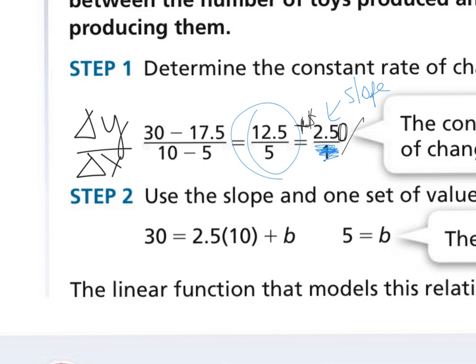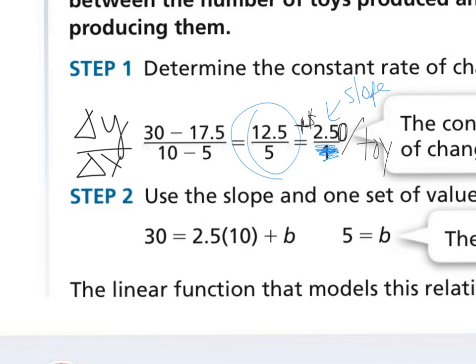And our x represented what? Good. X is the number of toys. So when we divided that, we divided the dollars by the toys. So basically we're saying it's $2.50 per toy. That's what our rate of change is telling us here. Okay, so that's our slope.